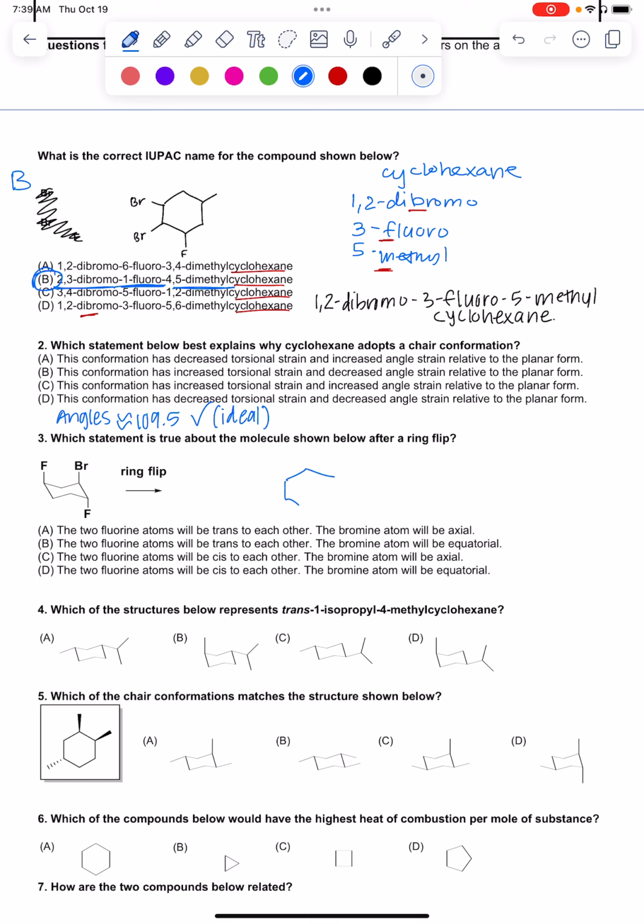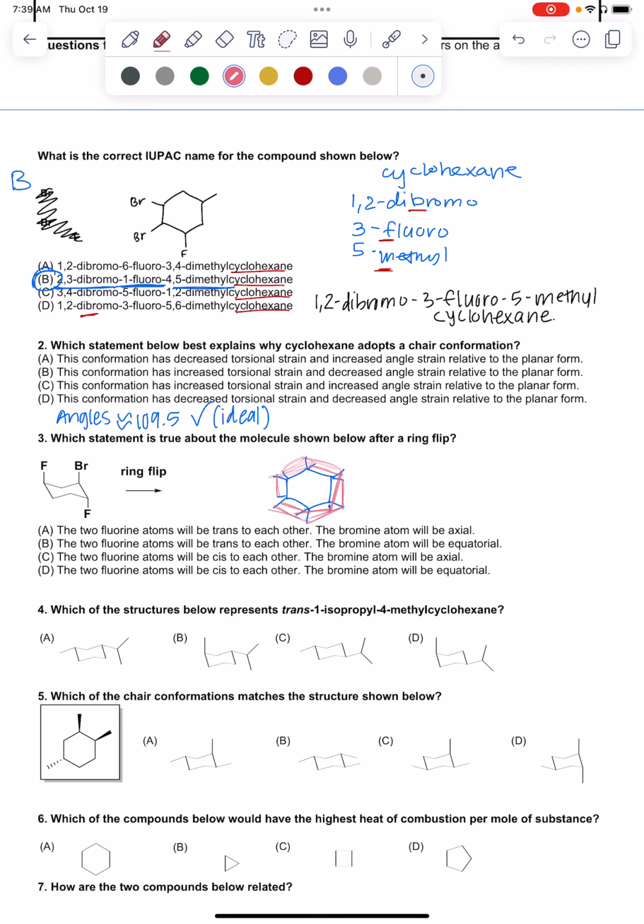So, I encourage you to pull out your model kit and look at this. But remember that torsional strain is the eclipsing of atoms in a ring. So we usually have 2 things coming off here, and these 2 will be eclipsing, these 2 will be eclipsing, and that goes all around the ring.